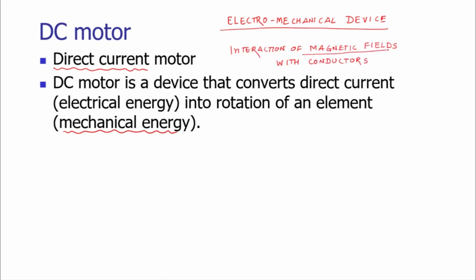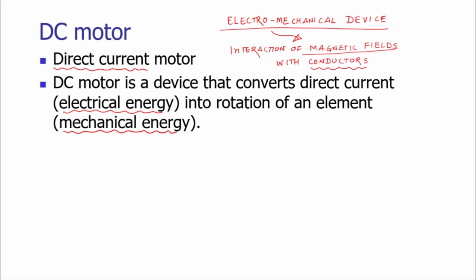These magnetic fields are generated by using the electrical energy and then we produce the mechanical energy due to the interaction between the magnetic fields with the conducting elements of the device. So simply we can say DC motor is an electromechanical device which converts electrical energy into the mechanical energy.